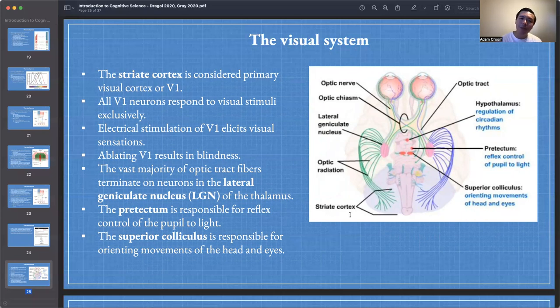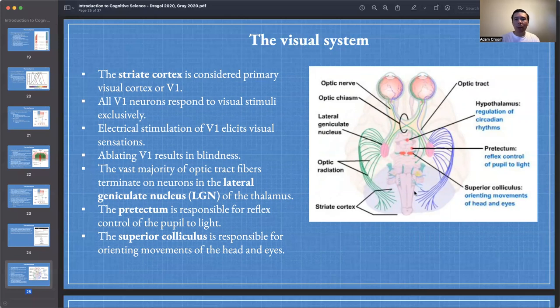Electrical stimulation of V1 elicits visual sensations, right? So if you stimulate that area, you might see some cool things. And ablating V1, if you cut it out, is going to result in blindness. So given this, we know that V1 is responsible for vision.